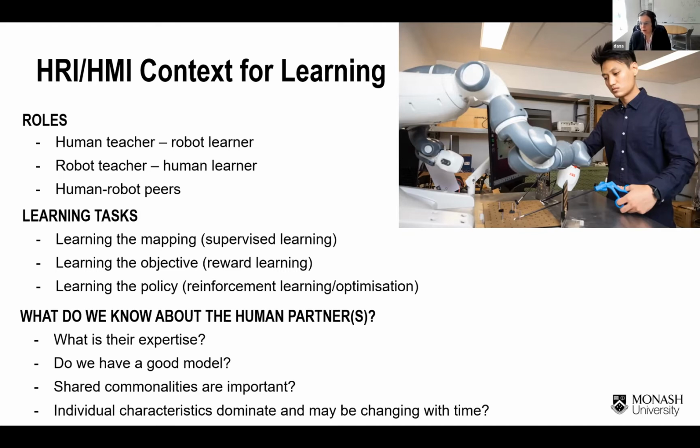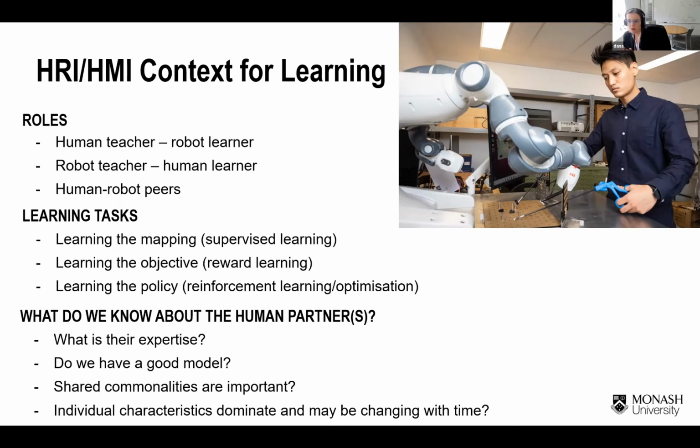And then most importantly, part of the context is what can the robot or the agent assume that they know about the human partner? Could there be different levels of expertise? Do we have a good model of how the human partner is likely to behave during the interaction?